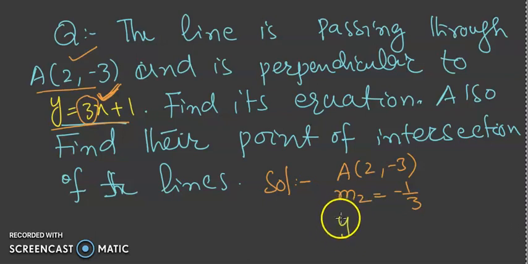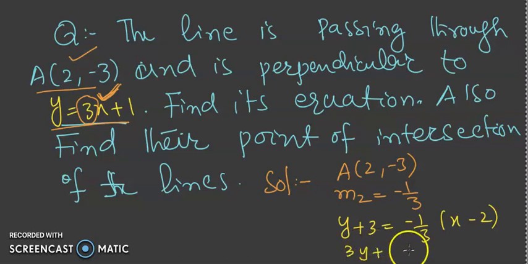Now you can find the equation by using the famous formula y minus y1 is equal to m times (x minus x1), or you can write 3y plus 9 equal to minus x plus 2. We are also asked to find the point of intersection of this line with this line.